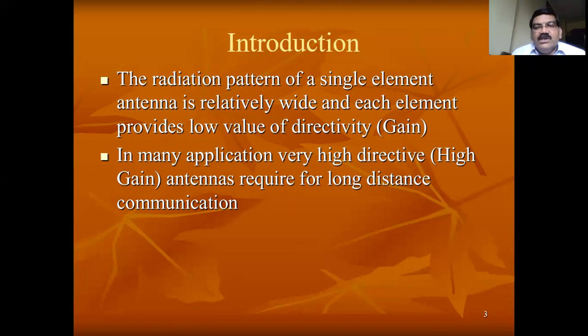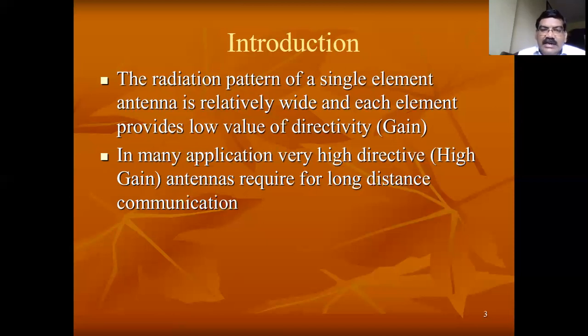If you want to transmit a signal for a longer distance, then you require a highly directive antenna, or you can say a very high gain. Directivity and gain are different terms, but they are directly related. You know the fundamentals of that.